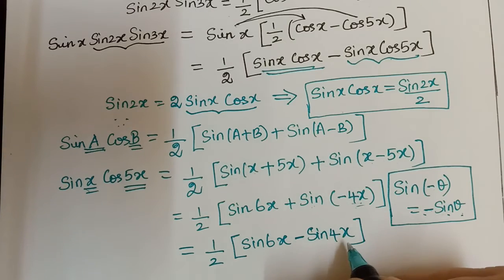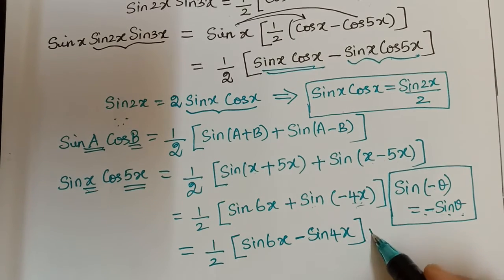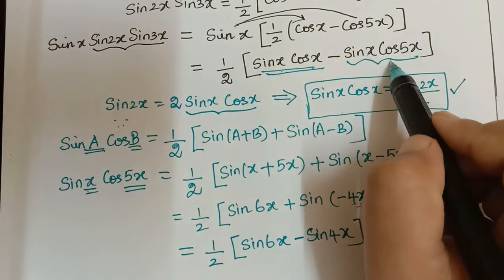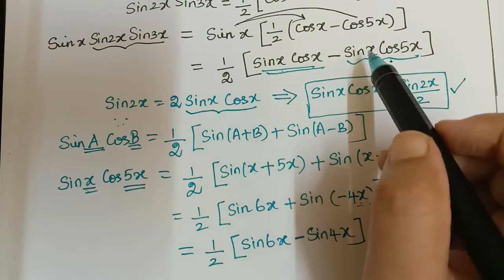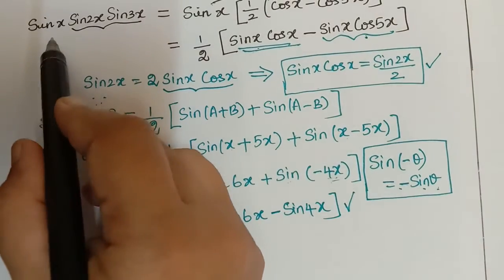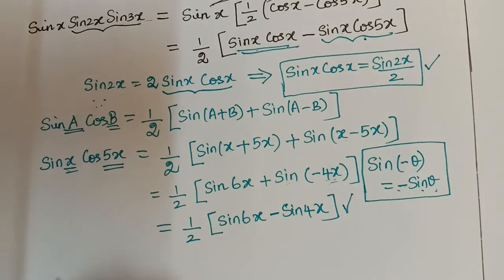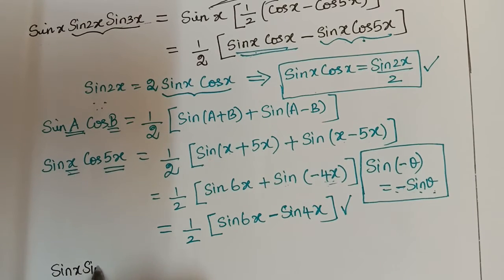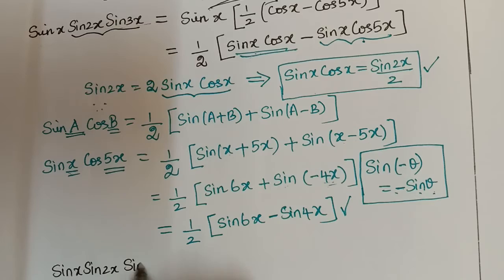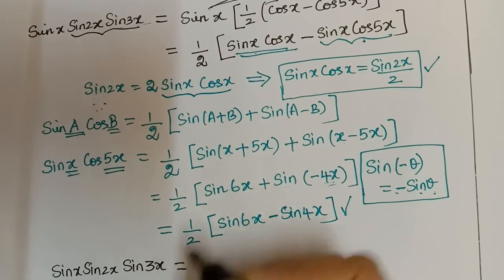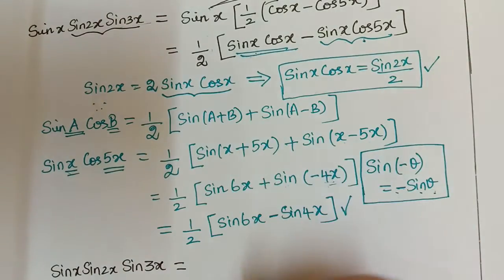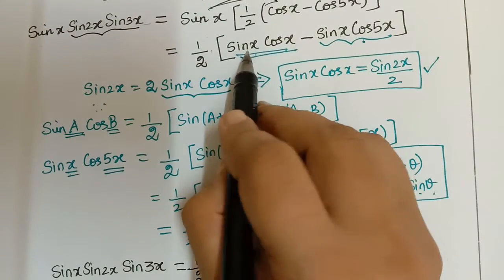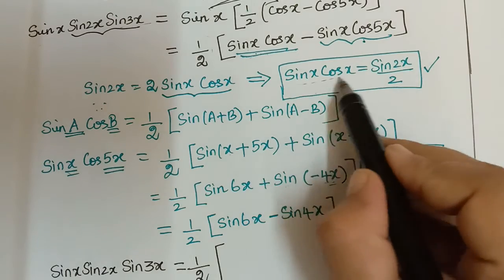So we obtain this. Now we will substitute this and this at these places and check what we are getting. So finally, sine x sine 2x sine 3x will be equal to 1 by 2 of, now here instead of sine x cos x, what have we found?